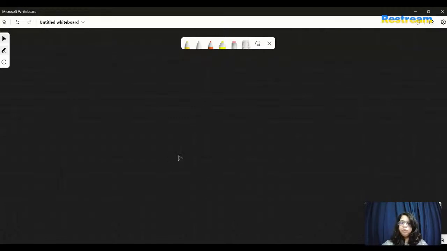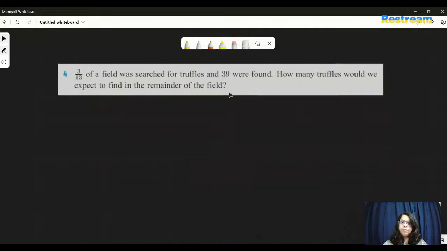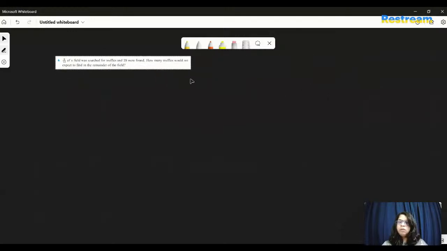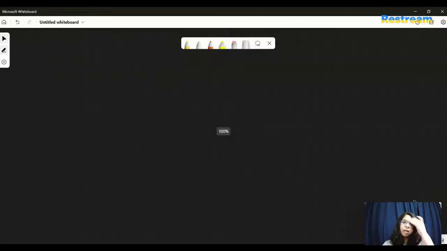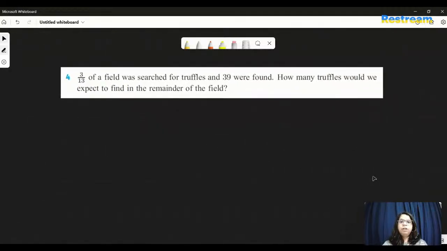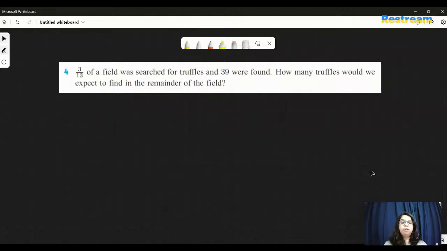So our question is going to be something like this. 3 by 13 of a field was searched for truffles and 39 were found. I'll read it again. 3 by 13 of a field was searched for truffles and 39 were found. How many truffles would we expect to find in the remainder of the field?